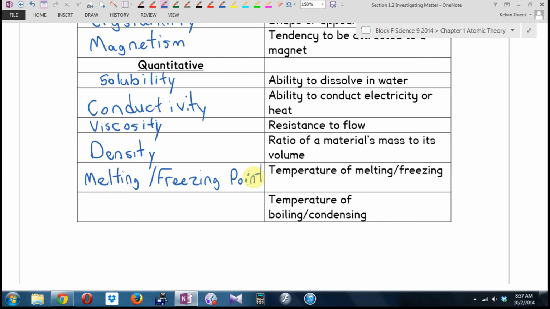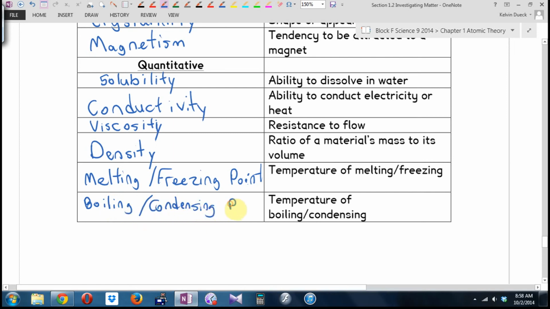Okay, 32 degrees. And the boiling point of water in Fahrenheit is 212 degrees. One more reason why metric is nicer. The temperature of boiling or condensing, we would call this the boiling/condensing point.